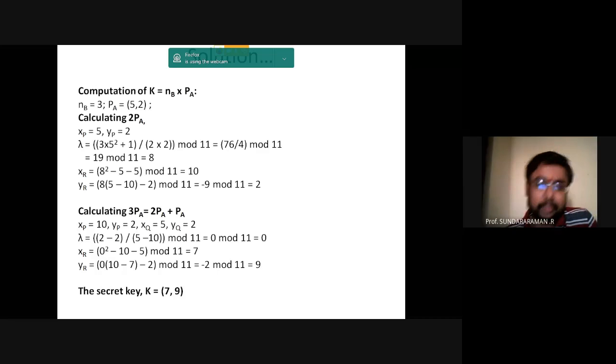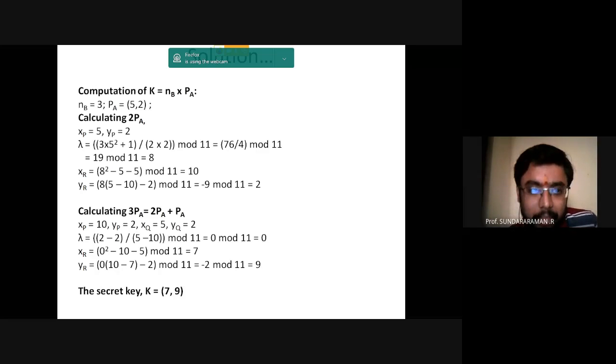Now this is just an intermediate step. So our objective is to calculate 3 into PA. Now 2PA is over. So 2PA plus PA needs to be performed. So 2PA we can take as XP, YP. PA can be taken as XQ, YQ.